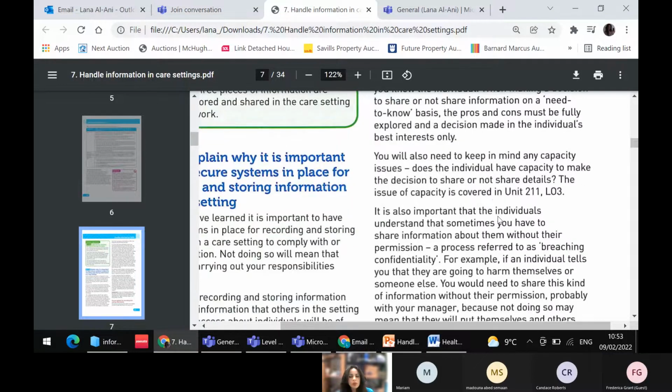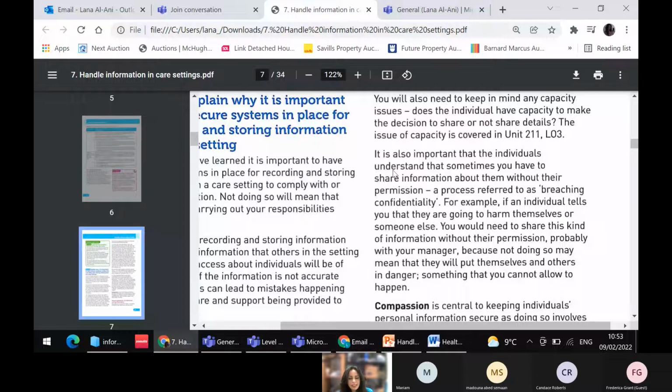And also it is important that the individual understands that sometimes you have to share information about them without their permission. So when you told the client that you're not going to share their information without their permission, sometimes you need to share it without permission. Let us say he fainted and you call the ambulance. You can't just stand still while the ambulance man is there.